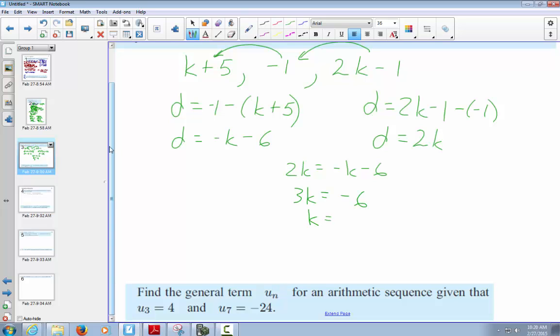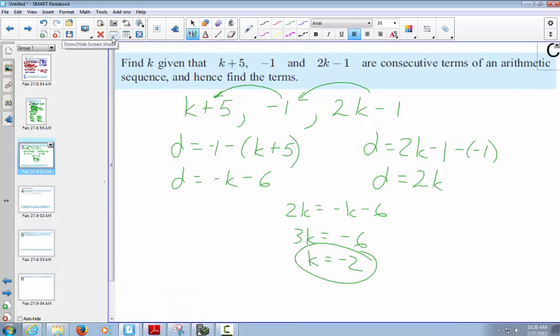k equals -2. Now that we know what k is, we get to sub it in and figure out what these terms are. -2 plus 5, 3. -1. 2 times -2 minus 1, -5.